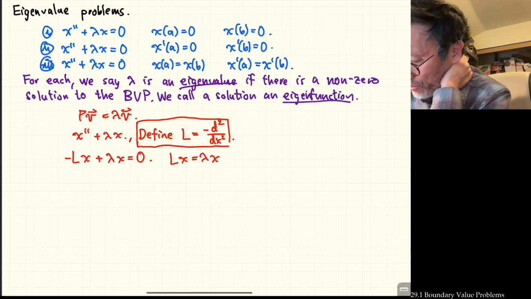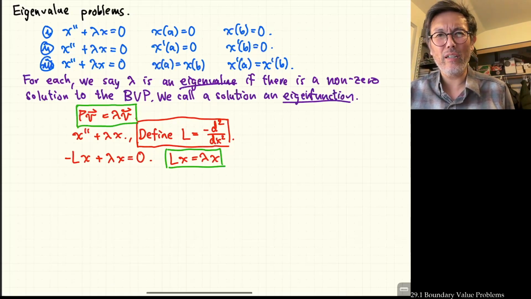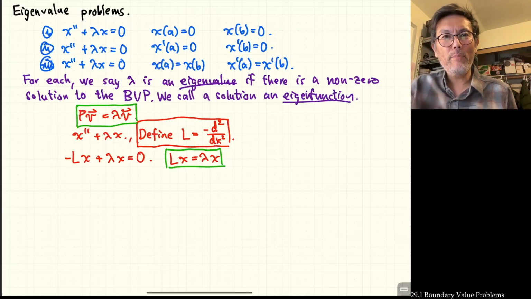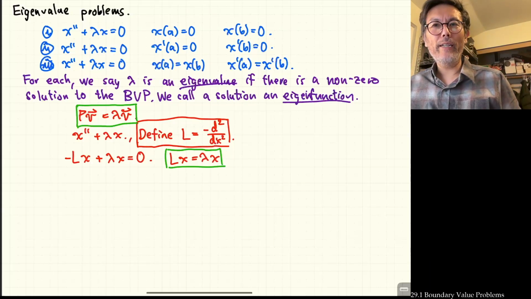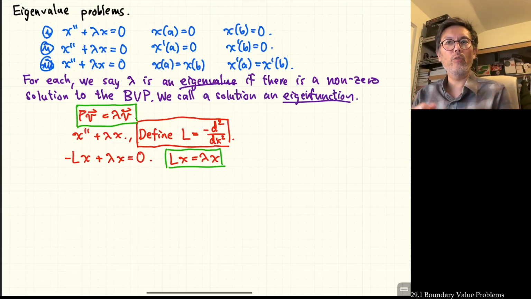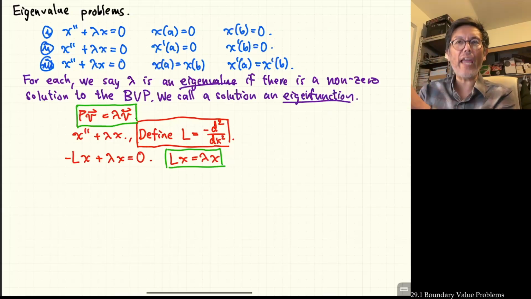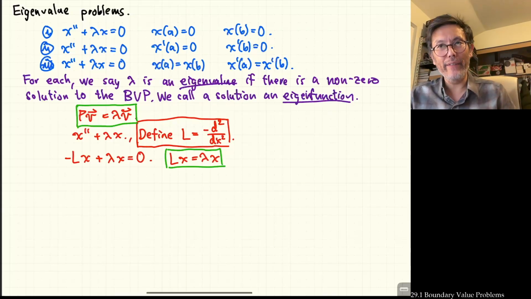And what I want you to observe is that there is some kind of structural similarity happening between these two green boxes. Do you see it? Lx equals lambda x. Pv equals lambda v. The effect of applying this second derivative operator on this function x is simply to scale this function by lambda.